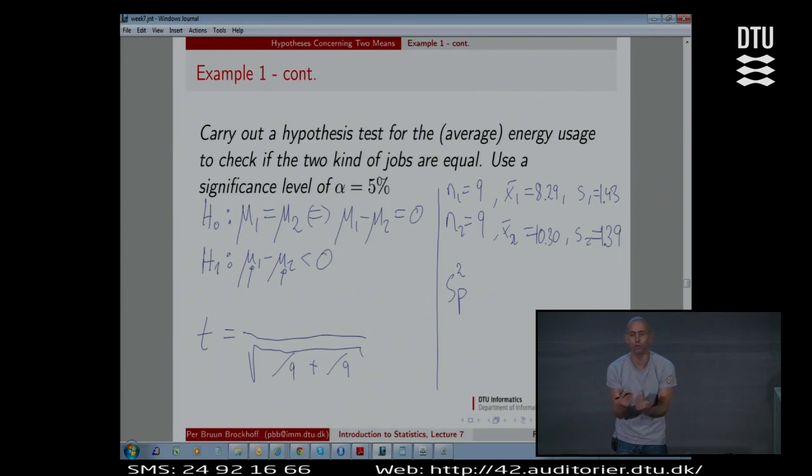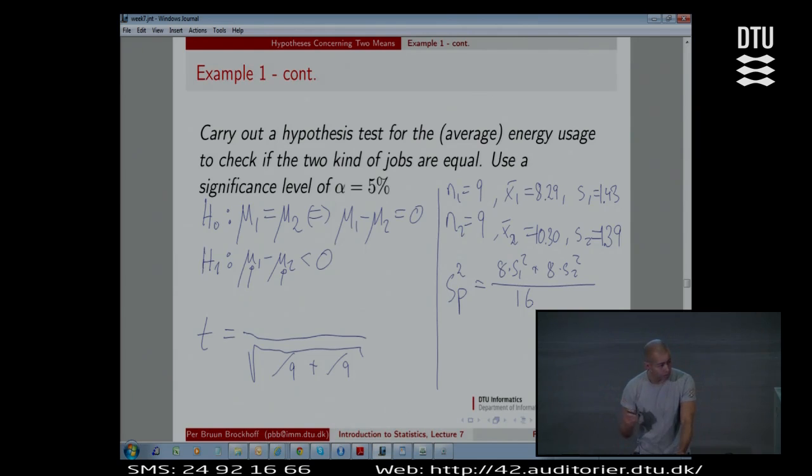You put that into a common pool, into the same pool. That's why we sometimes call it the pooled T-test. That is, we take 8 times one variance plus 8 times the other variance divided by 16. That is, in this case, just the average of the two.